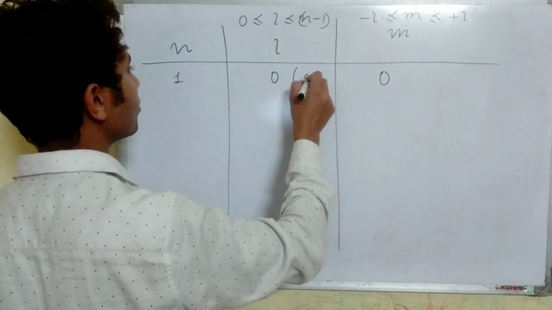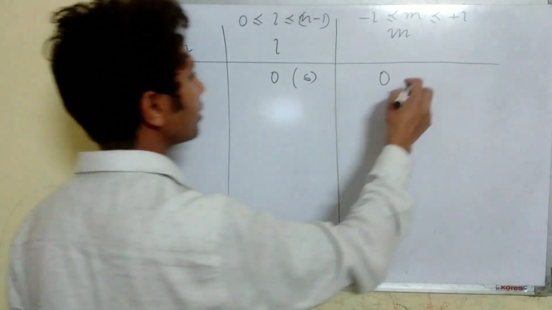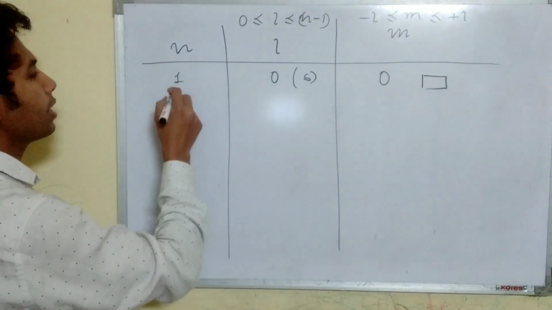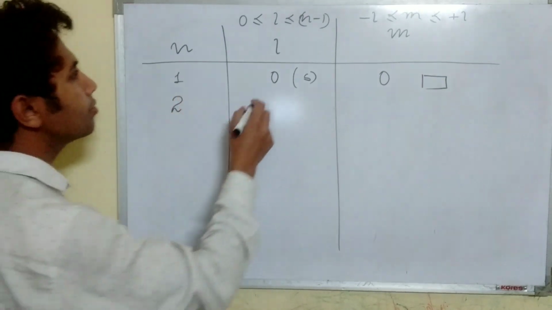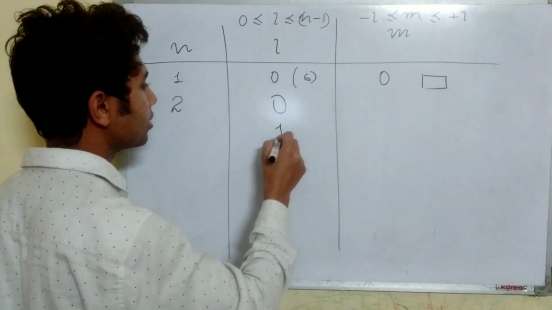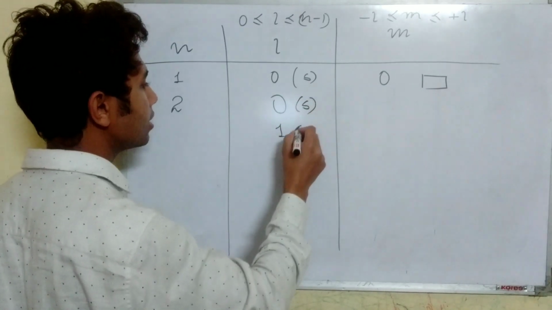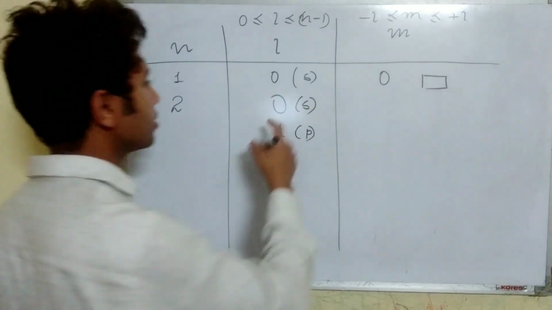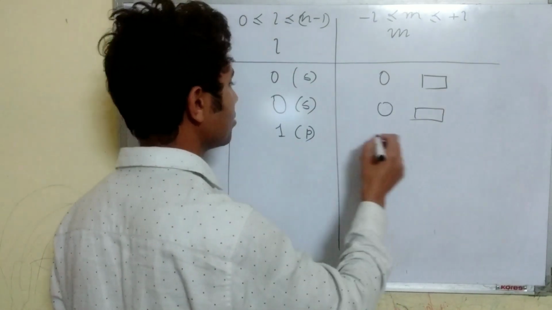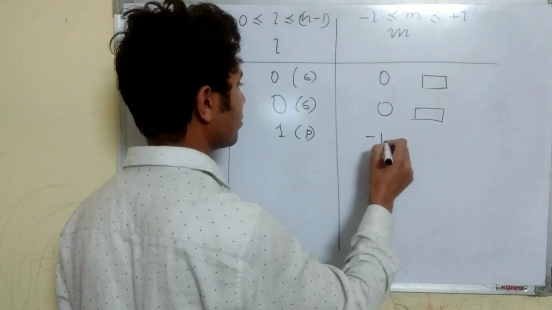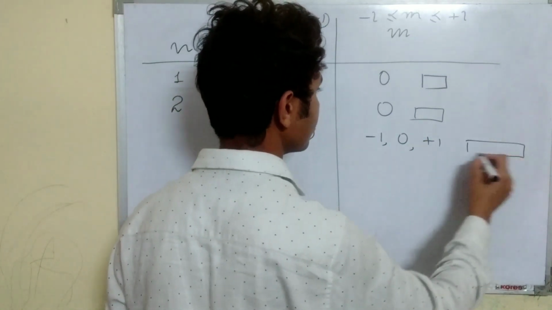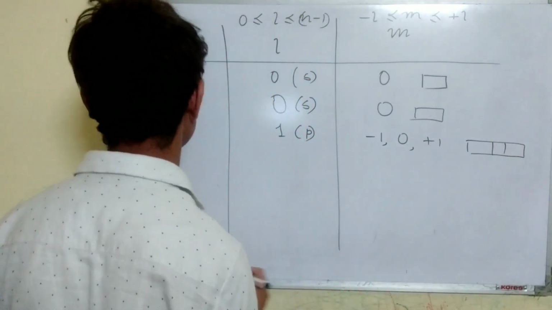So it will be our S subshell. Here only 1 orbital we will get. If we have n is equal to 2, then we will get the value of L is 0 and 1. So it is S, it is P. For S we will get only 1 orbital. For P it is minus 1, 0, plus 1. So we will get 3 orbitals.